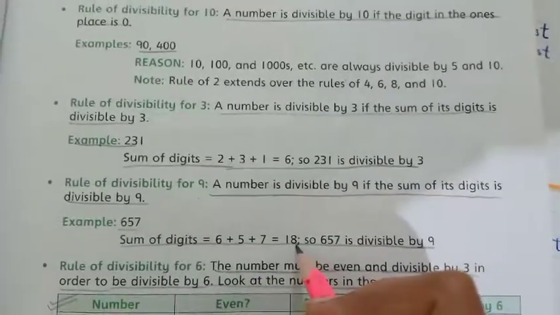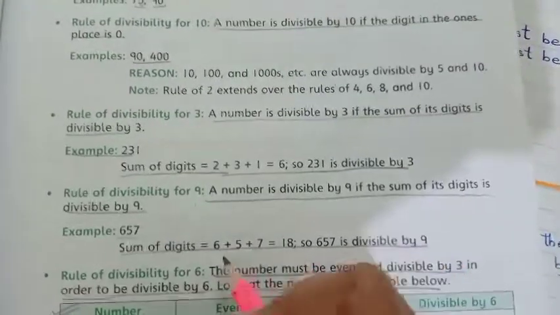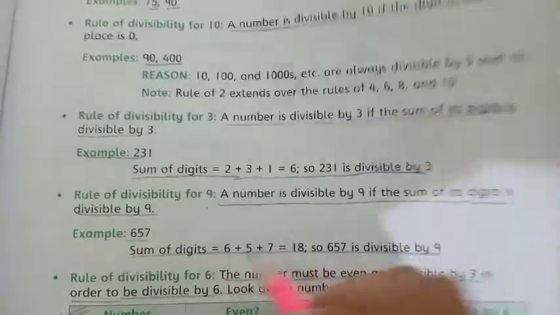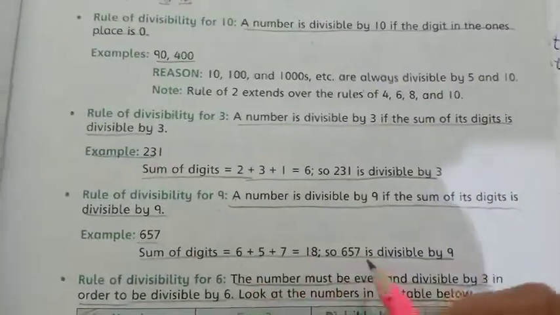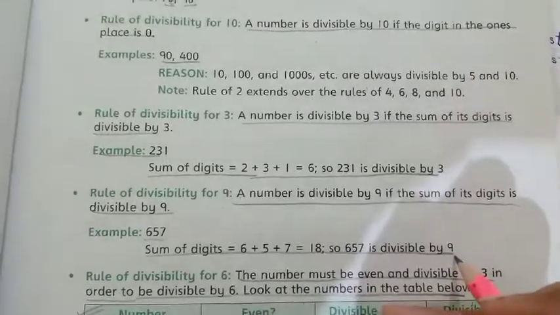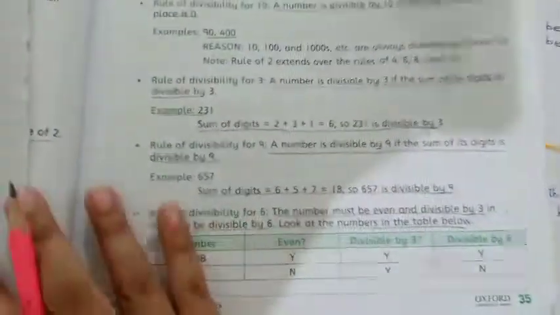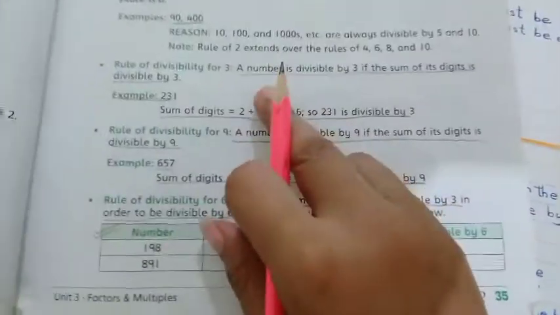So 18 goes in the 9 times table. How many times? 9 2s are 18. So it means 657 will also go in the 9 times table, it will be divisible by 9. It will not give you any remainder when you divide 657 by 9. Okay girls, I'm not showing one more example because this is very much similar to the 3 rule.